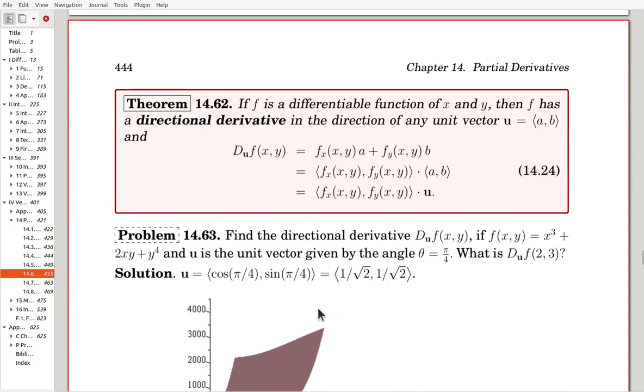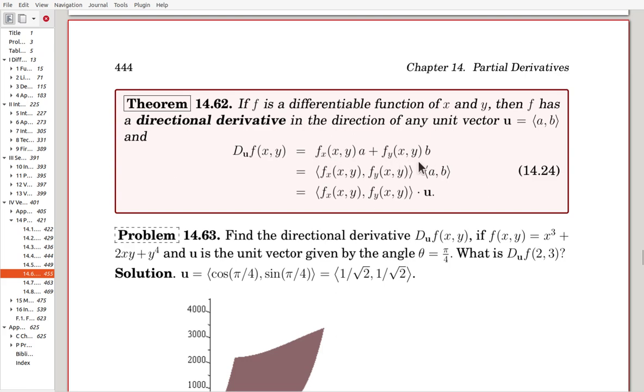Okay, so we have here a theorem for computation. If f is a differentiable function of x and y, then f has a directional derivative in the direction of any unit vector u = (a, b), and the directional derivative D sub u f is f sub x times a plus f sub y times b.